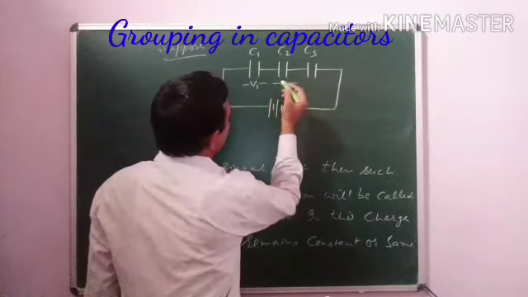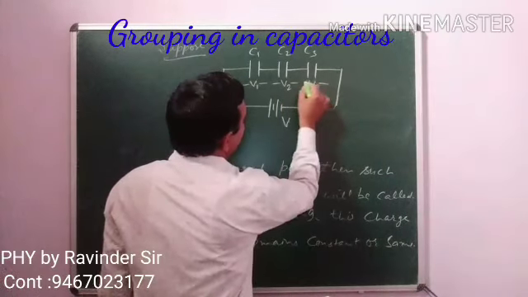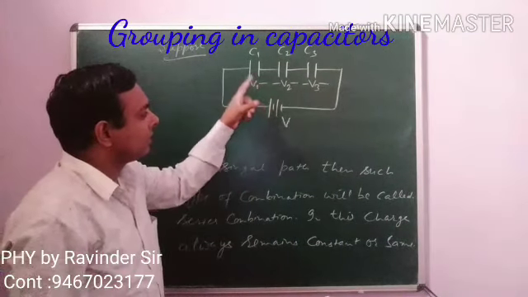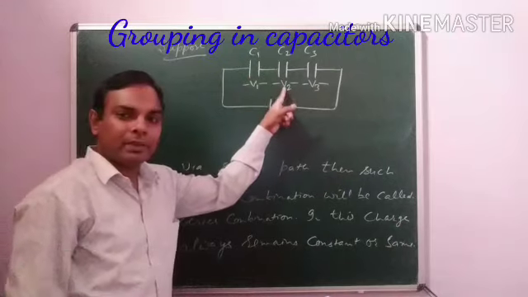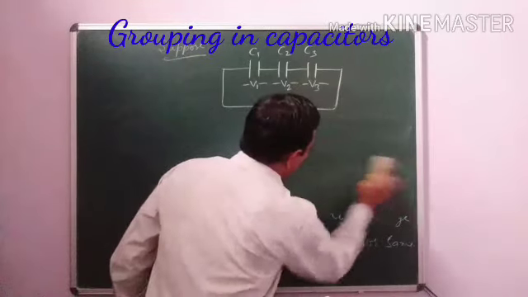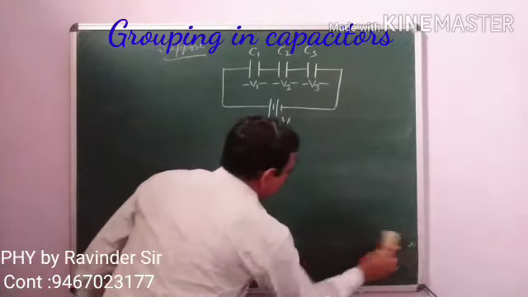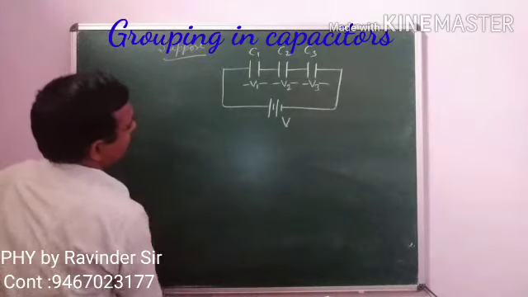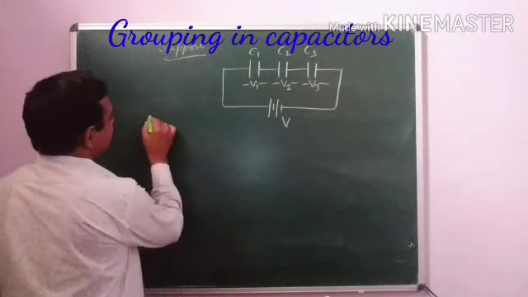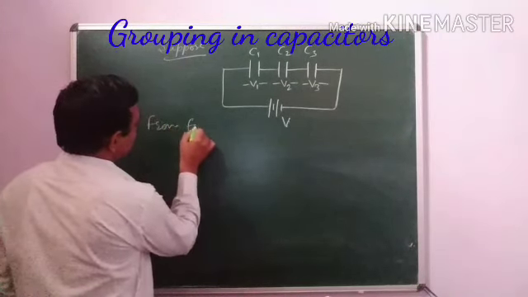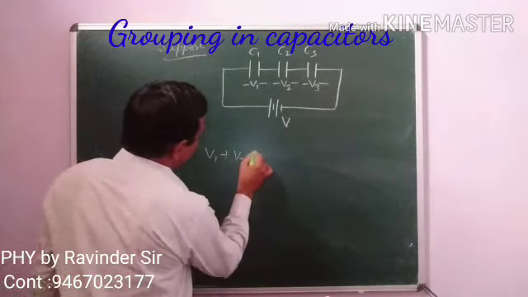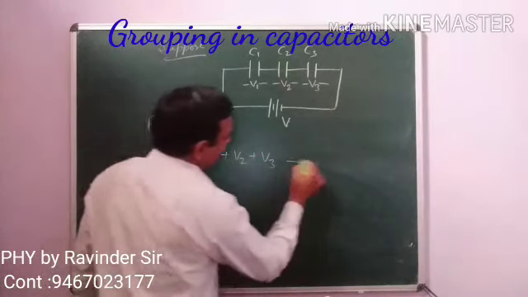Similarly, voltage across the capacitor C2, and similarly for capacitor C3. These are the voltage drops across the first capacitor, the second capacitor, and the third capacitor. So from the figure we can write V is equal to V1 plus V2 plus V3. This is equation number first.